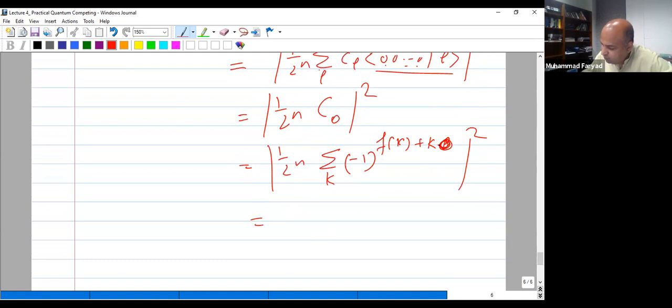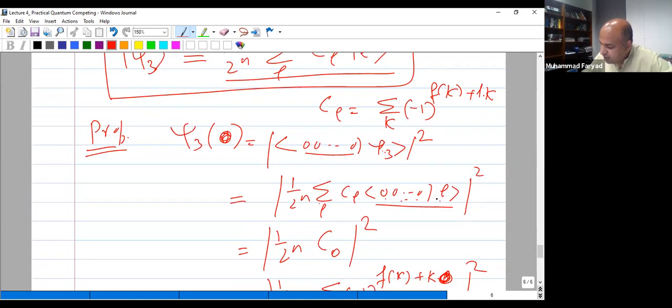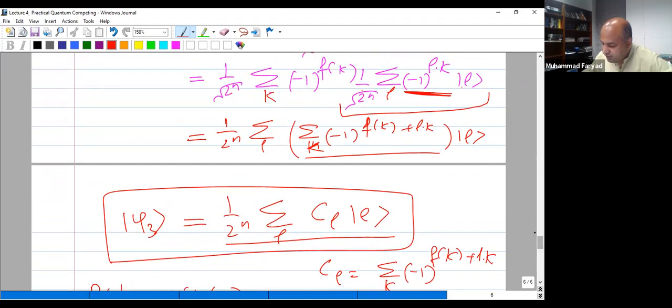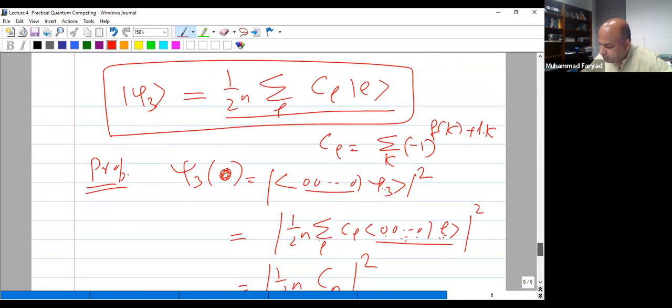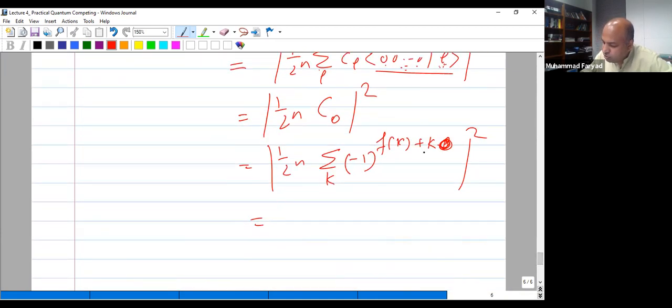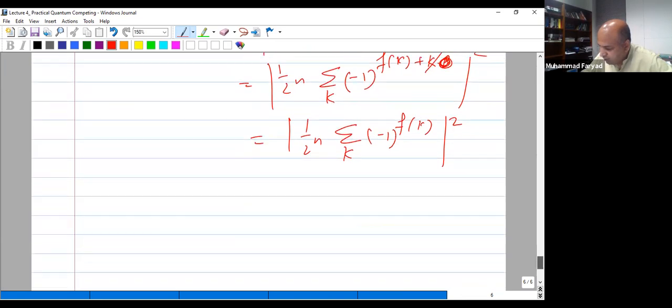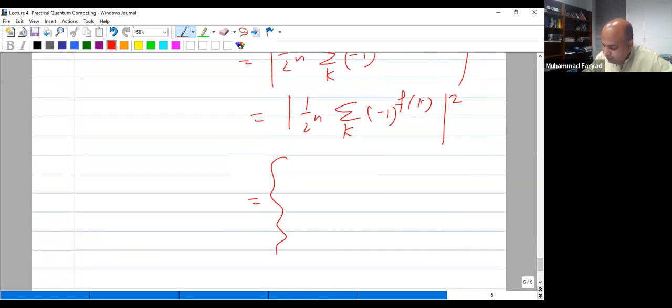Because for all other l that are not 0, the inner product is 0. So only the term with l equal to 0 is left, and the k·0 term also goes away, and I have 1 over 2^n sum over k of (-1)^f(k), absolute squared. So let's now work out different cases.